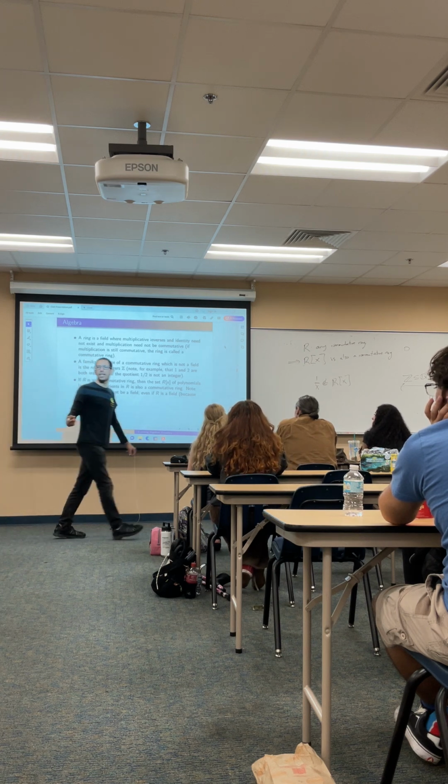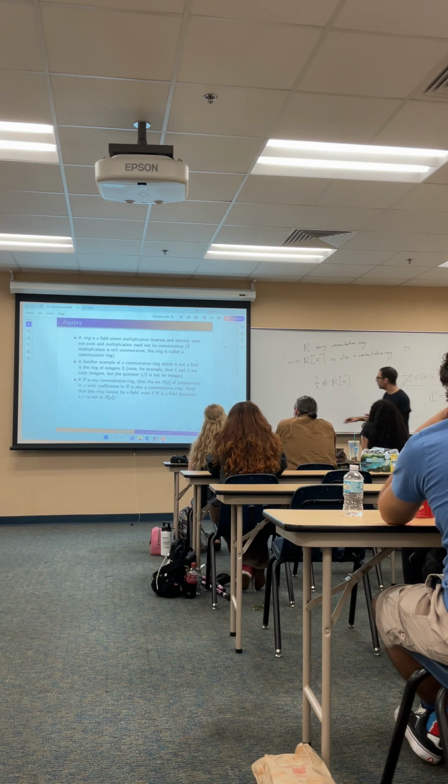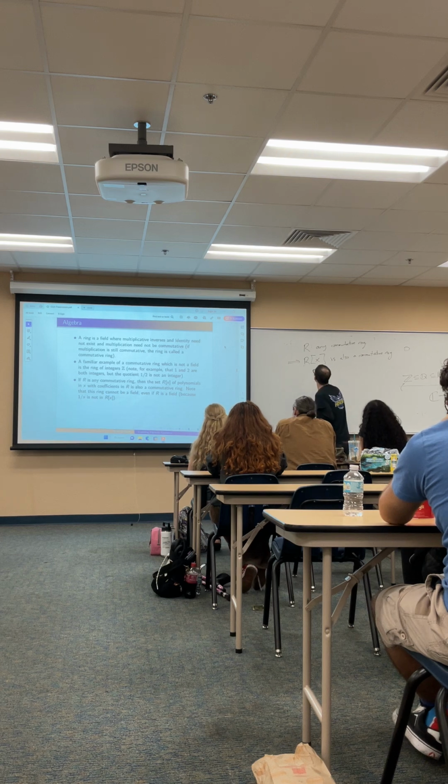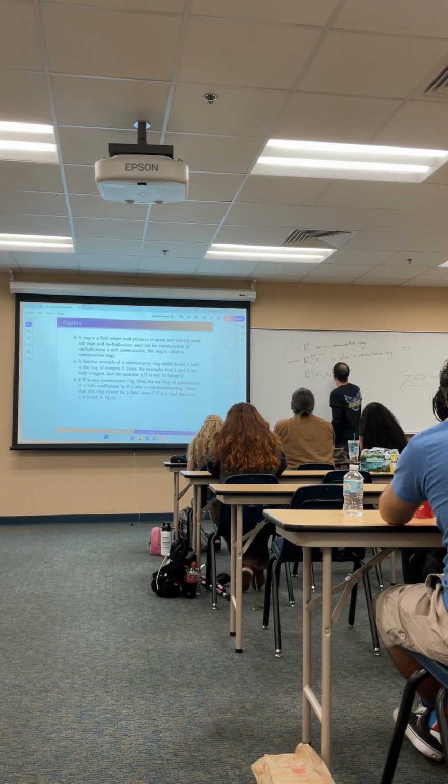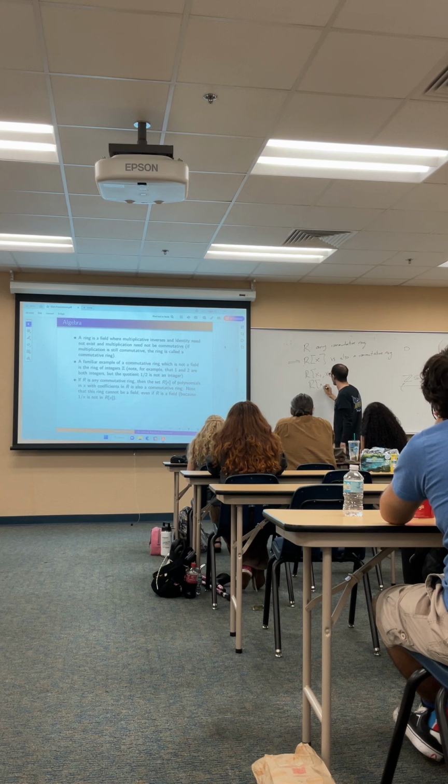If you iterate that idea, you could attach any finite number of variables and it's still a commutative ring. Take that one and attach a second variable, it should still be a ring by the same argument. Attach another variable, still a commutative ring by the same argument, and so on.